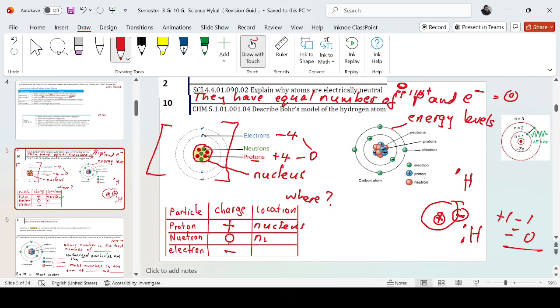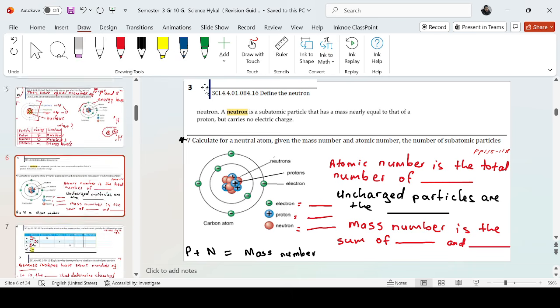Same, the neutron is found inside the nucleus. Electrons, look, these are the electrons. They are found in energy levels. This is what you need to know about question 2 and 10. Let's go to the next question.